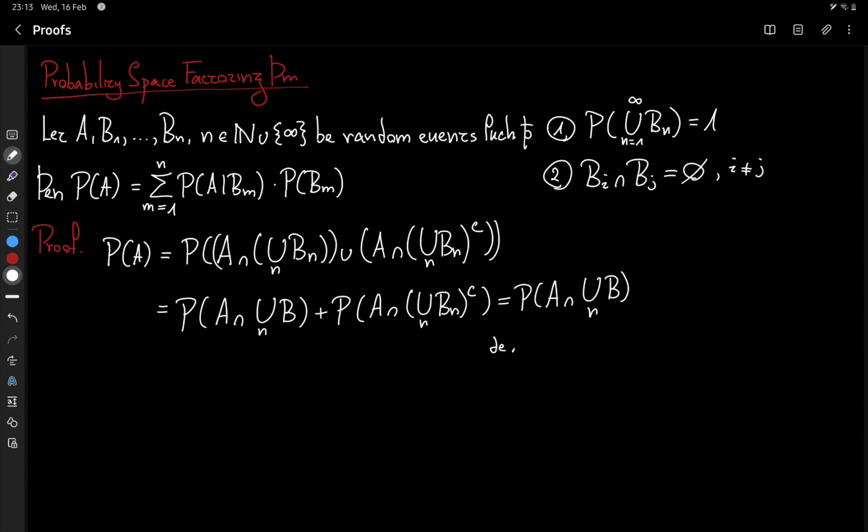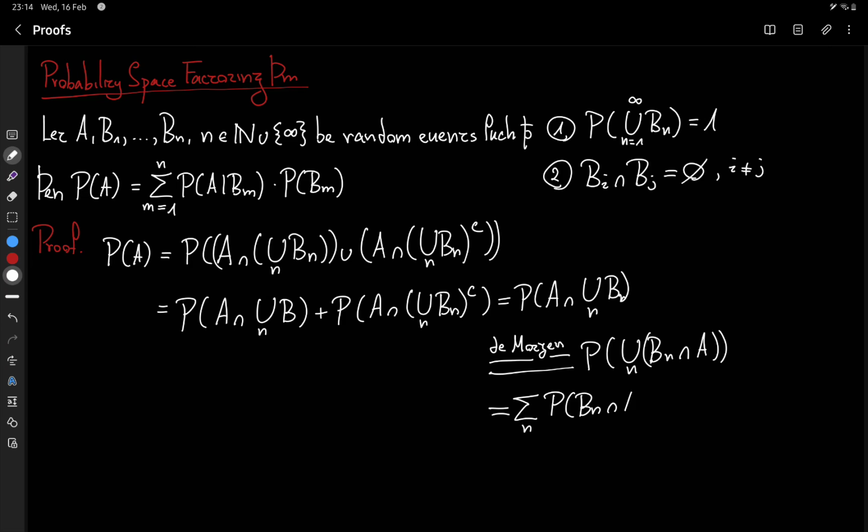But using the De Morgan rules, we know that this is equal to the union of the intersections Bn, A. But we know that the individual Bn's are disjoint, and therefore their intersections with A are also disjoint, and thus we can use again the sigma additivity of measure, and we can write then that this is equal to the sum, with n as the iterator, still unfortunately named, of the individual probabilities of Bn intersected with A.